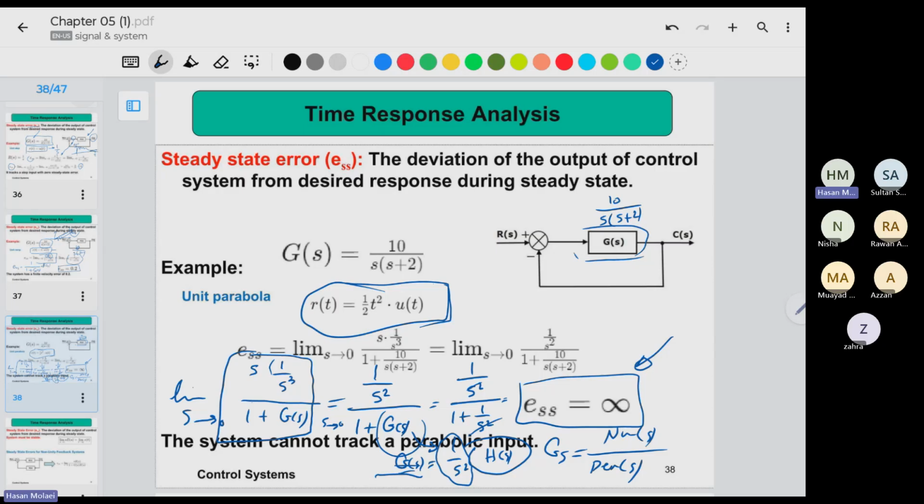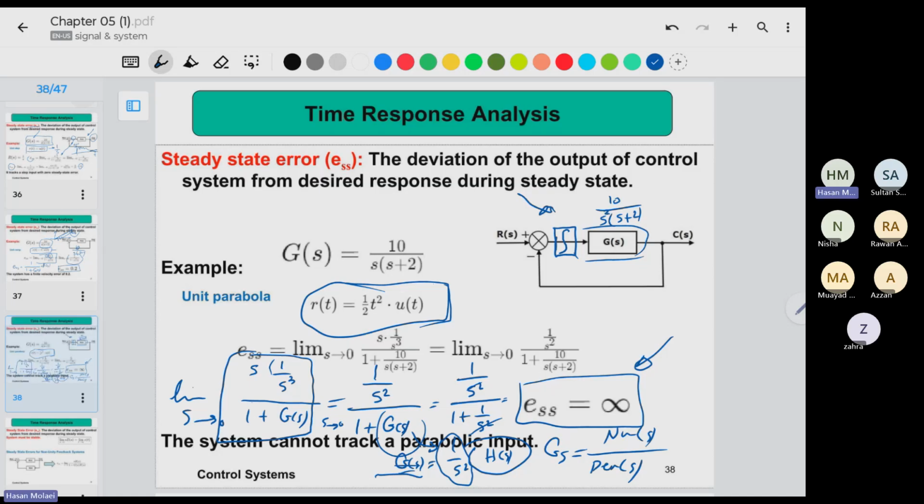Each block has the transfer function of 1 over S. That means we need to add one integration in series. I think we have a limited error.